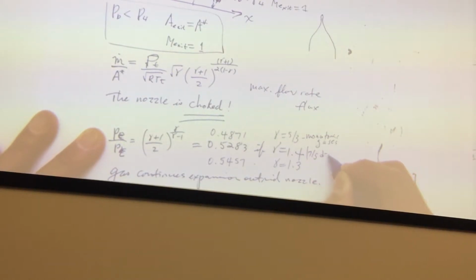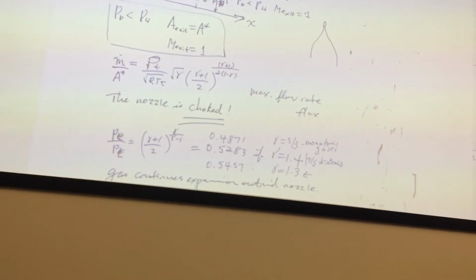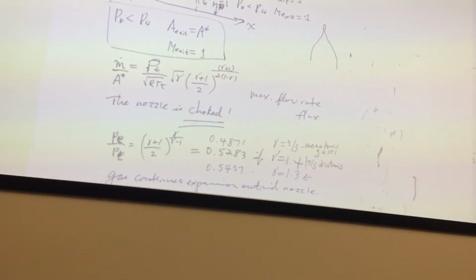So this is diatomic. And this, of course, is anything. You can cook up any number. Because if you think about the flow coming out of the rockets, the gamma you really have to calculate, right? Different propellants probably give you different values. So these are just typical ones, so that you know.